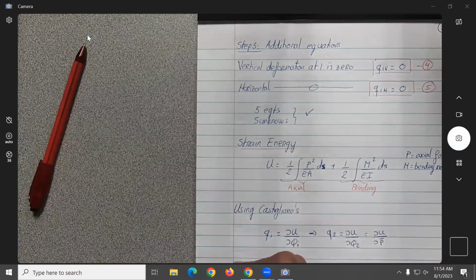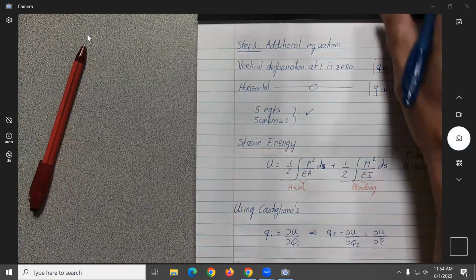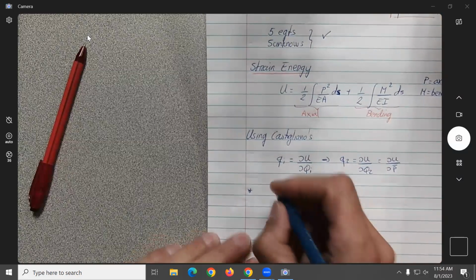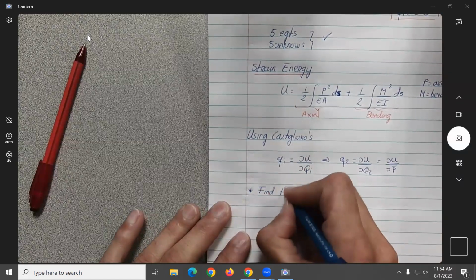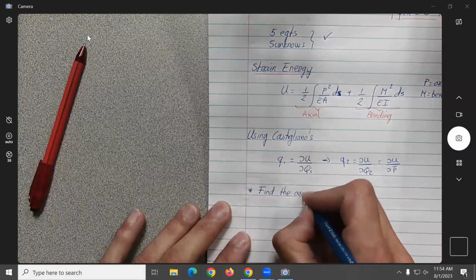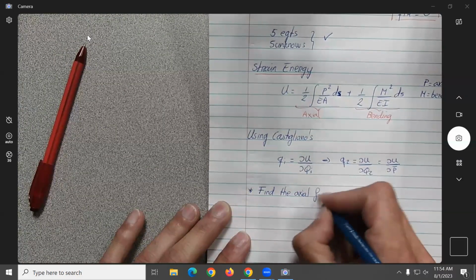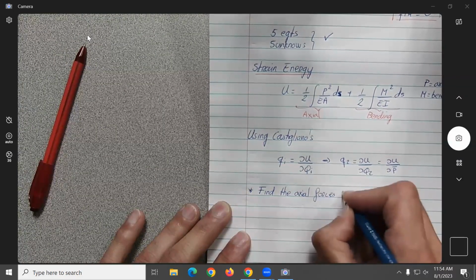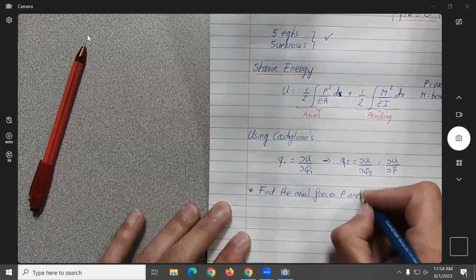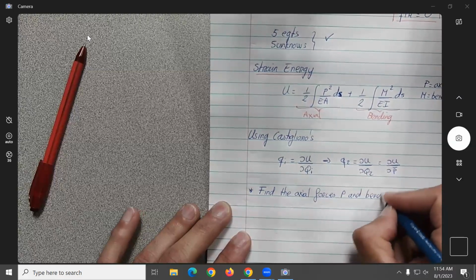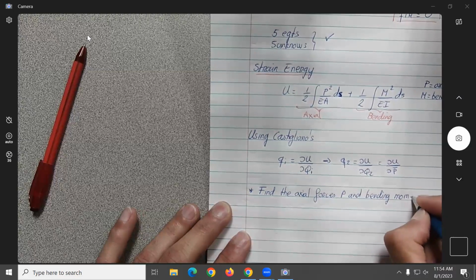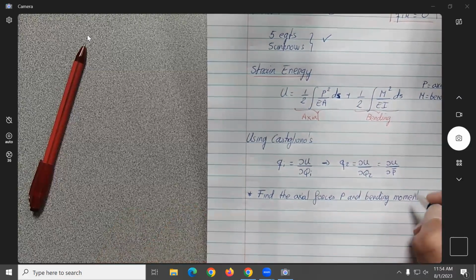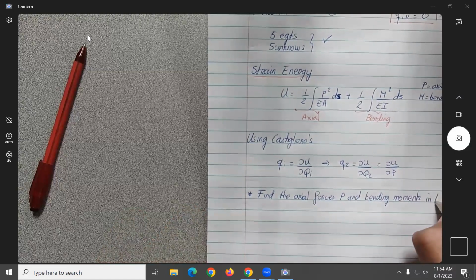Next thing we're gonna do is determine or find the axial forces P and bending moments in the beam.